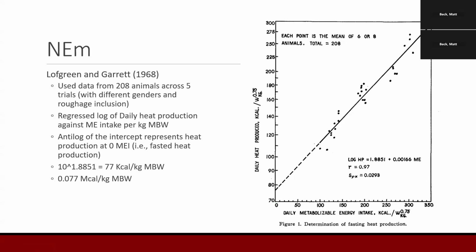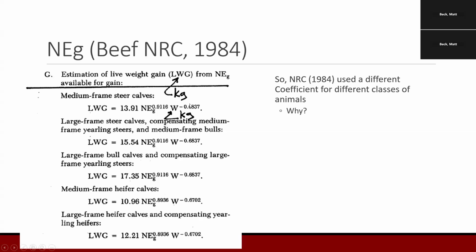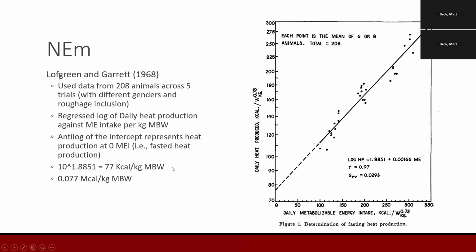The maintenance energy of beef cattle was 77 kcals per kilogram of metabolic body weight. So if we know the body weight of an animal, we can raise it to the 3/4 power, or 0.75, and multiply it by 0.077. That gives us how many megacals of net energy for maintenance that animal needs per day. Make sense? Remember this. Any questions?